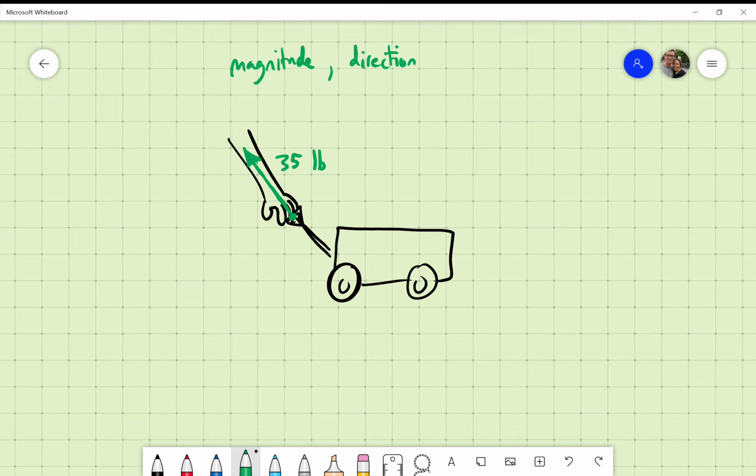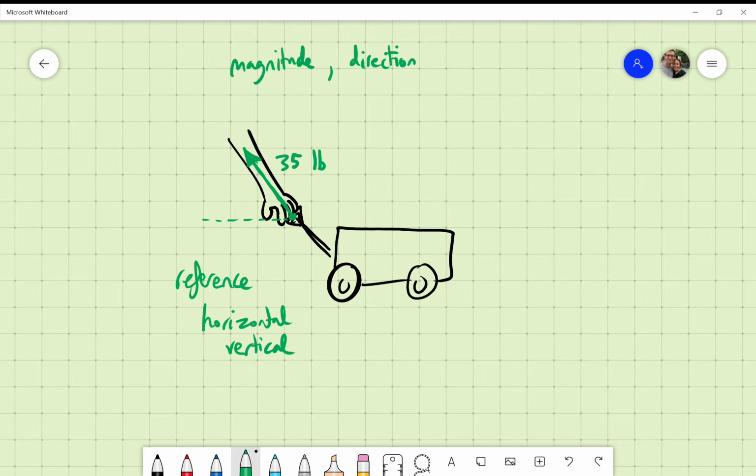Well, what we have to do is show something called a reference line. And in general, you should make those horizontal or vertical. There are other situations where maybe you're pulling something up an inclined plane, and maybe it makes more sense to use the inclined plane as the reference angle.